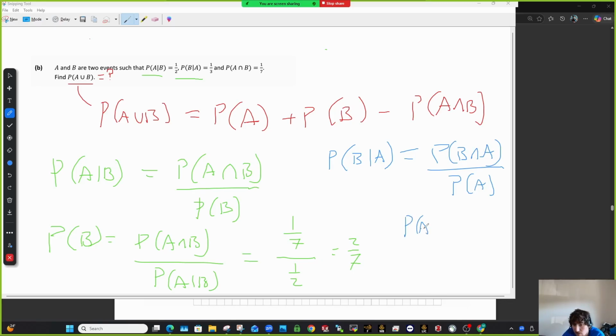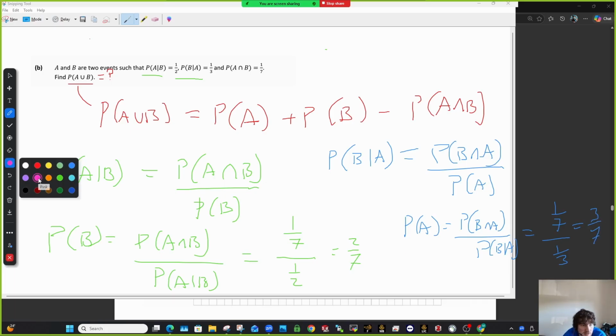So probability of A when you move it around would be the intersection of the two guys over B given A. And we sub them in from the question. This here is again a 7th, and then this thing here is a 3rd. And so again, that goes down there, the 3 comes up, and then that's 3 7ths. Great, so now we have probability of A.